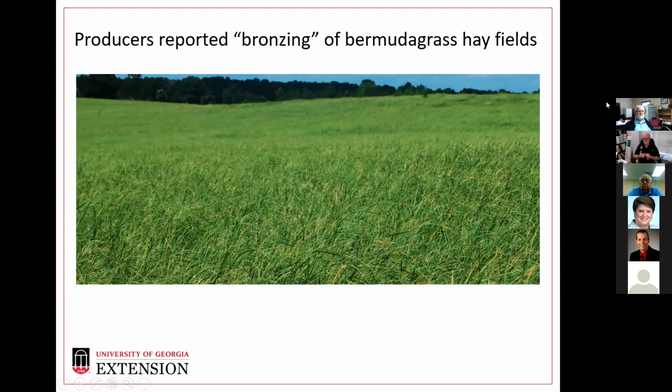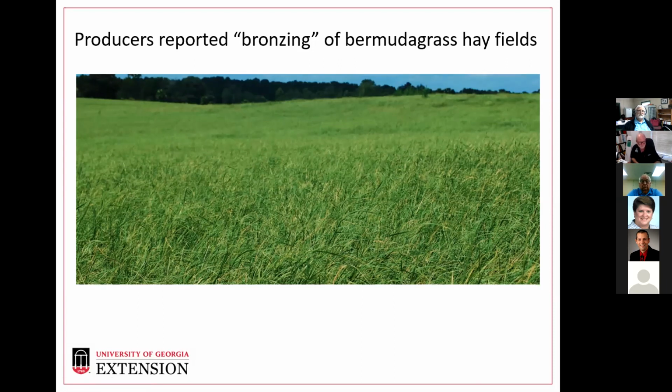And much more recently, concern now about the longhorn tick, which last I knew was not in Georgia, but is in neighboring states. And for any of these problems, producers are really the first line in identifying that there's a problem and recognizing that something's unusual is going on.